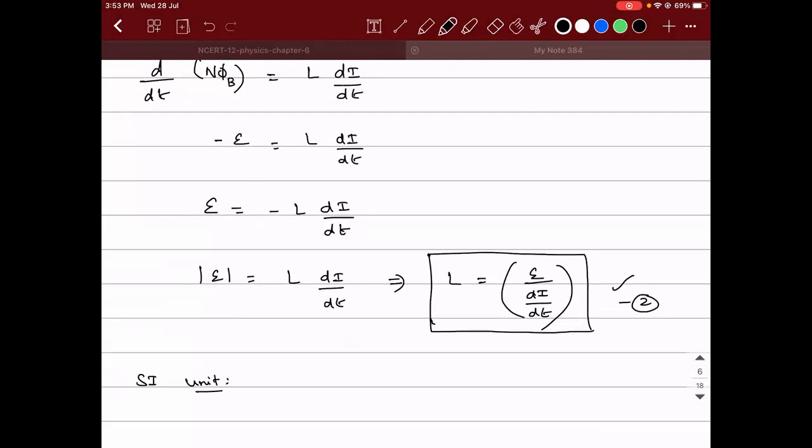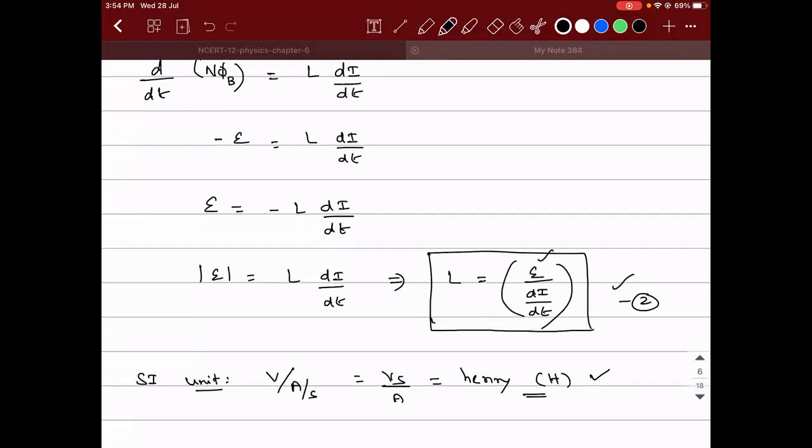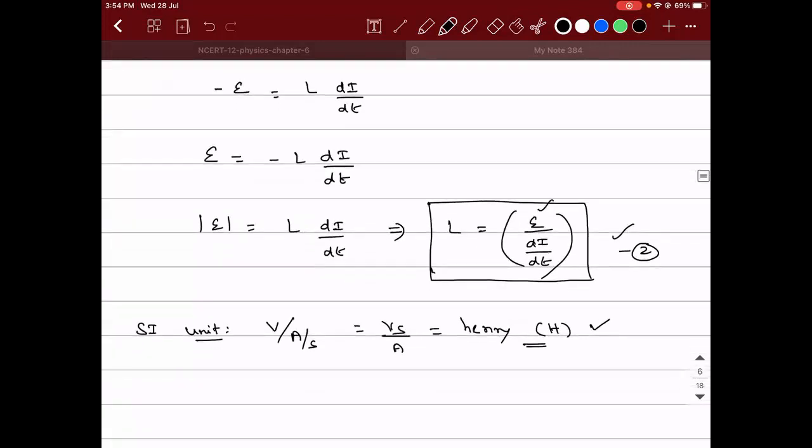SI unit is still Henry, but in this context, it is volt per ampere per second, means volt second per ampere is what we call as Henry. Make a note, guys. So L will be equal to magnitude of EMF divided by di by dt.